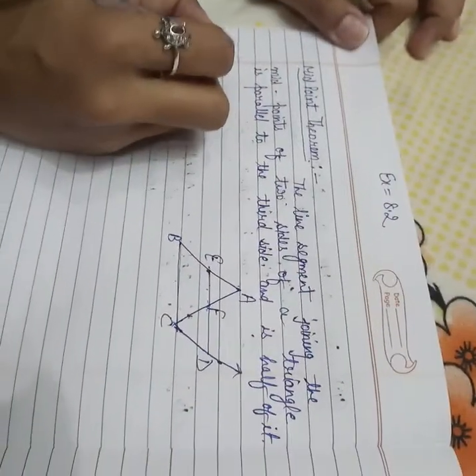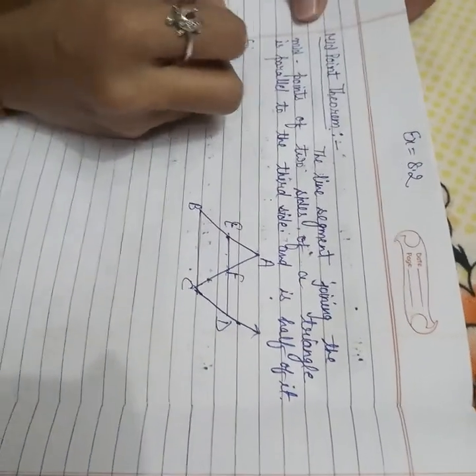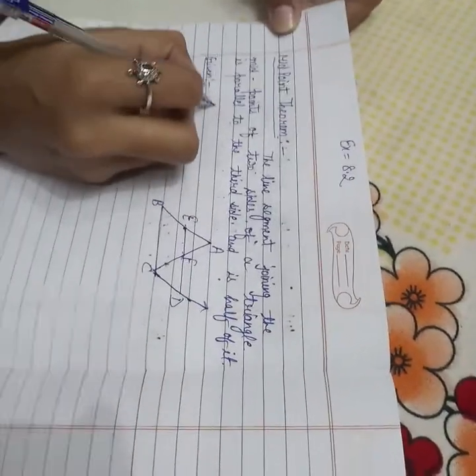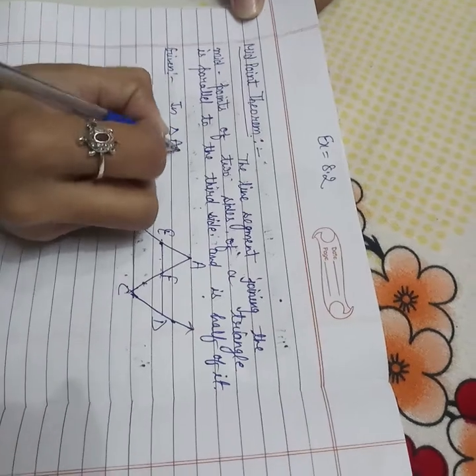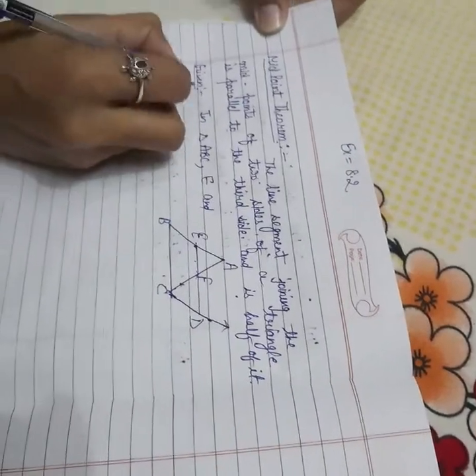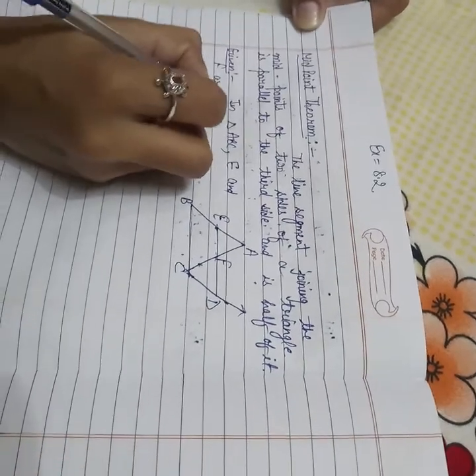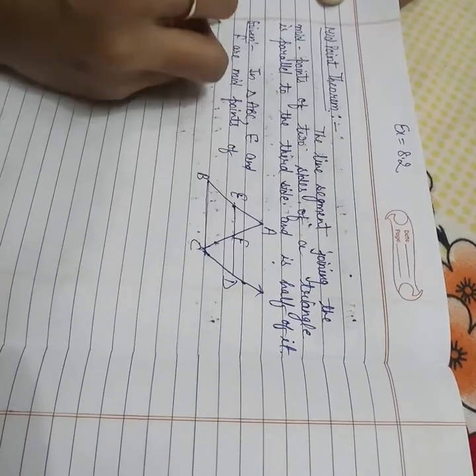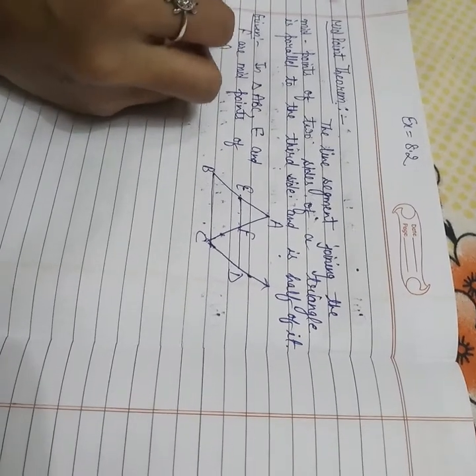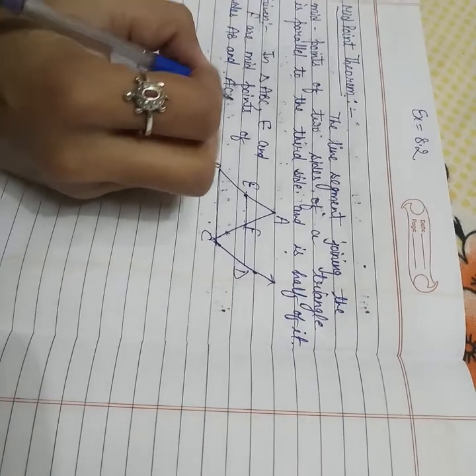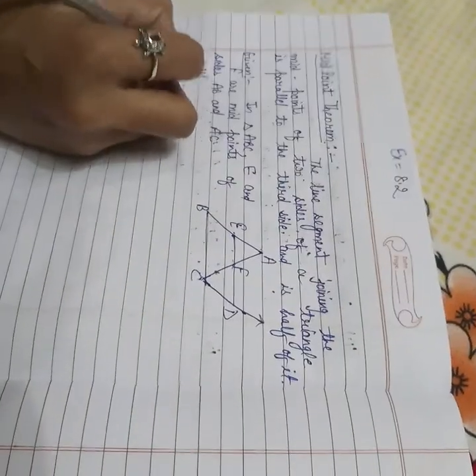Now, given: in triangle ABC, E and F are midpoints of sides AB and AC respectively.